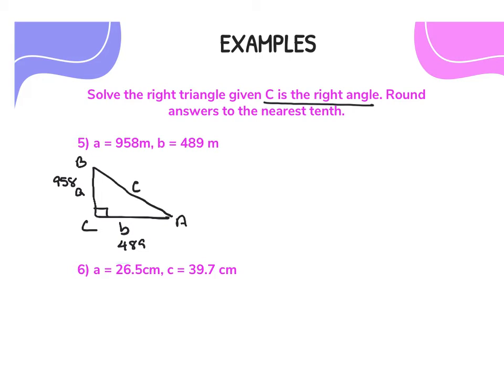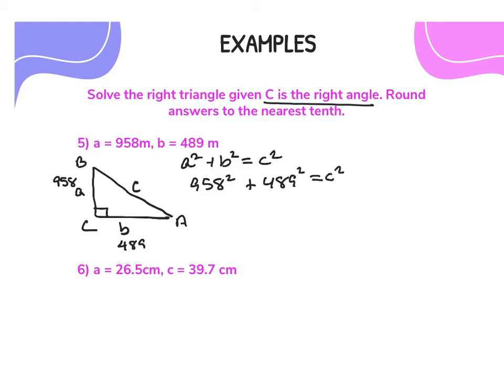Now this one I'm going to solve a little differently. I'm going to first use the Pythagorean Theorem to find the length of my hypotenuse. So I'm going to be using a squared plus b squared equals c squared. I'm going to plug in 958 for a, 489 for b, and I don't know c squared.